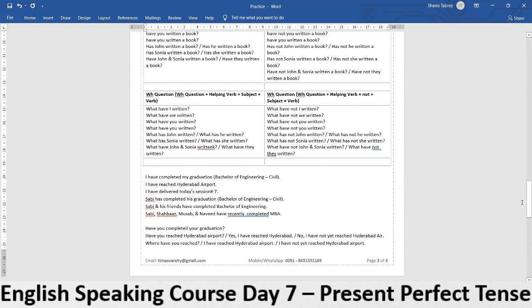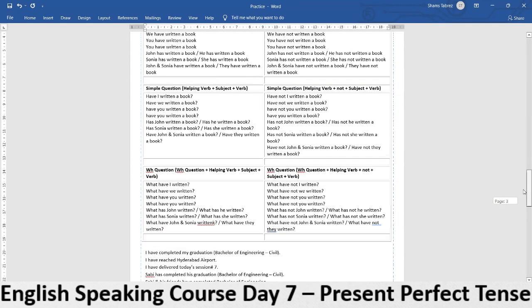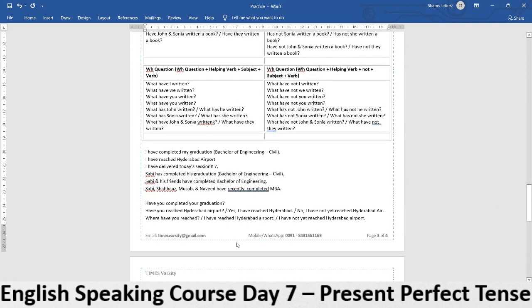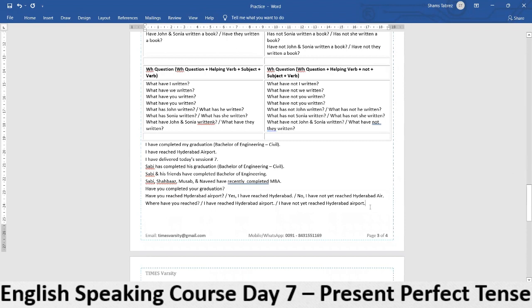Okay. All right. So we will take another example in this case. Now, question and answer. What verbs we have used: go, return, even reach and completed are also used here.